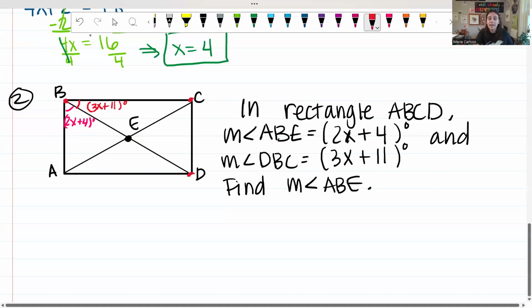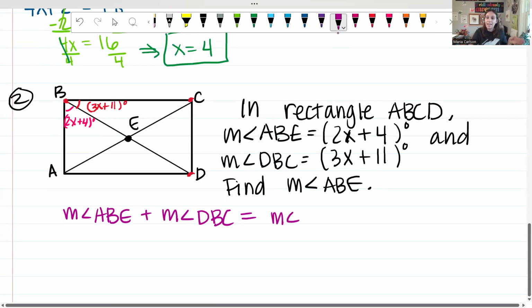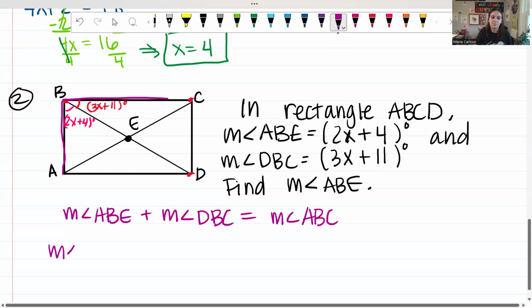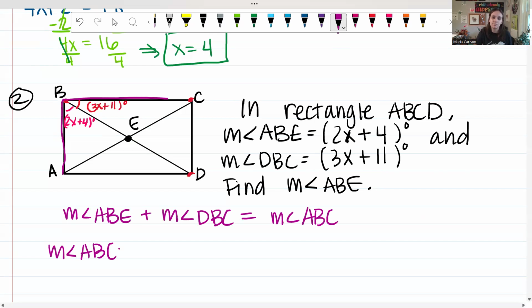So these two angles together, let's note this, the measure of angle ABE plus the measure of angle DBC is the measure of angle ABC, right? That forms this entire angle, which in a rectangle, angle ABC has to be 90 degrees.